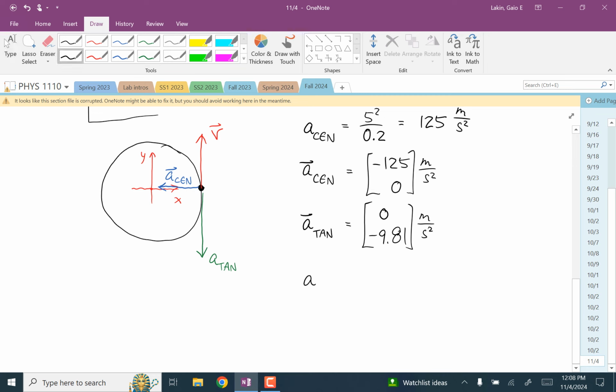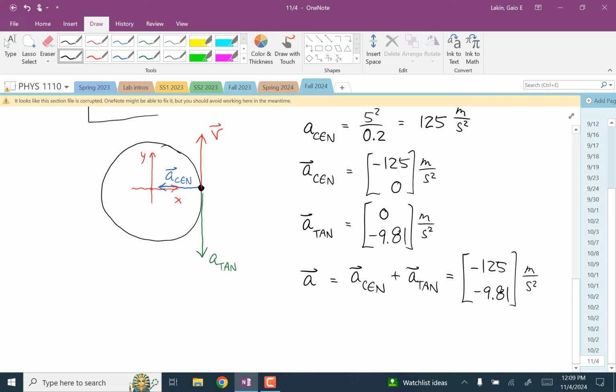The total acceleration is the sum of these two parts, so that's negative 125, negative 9.81. You can think of that as always the first part of this problem: figure out everything you can about the acceleration. Almost always, you can calculate the full acceleration vector.